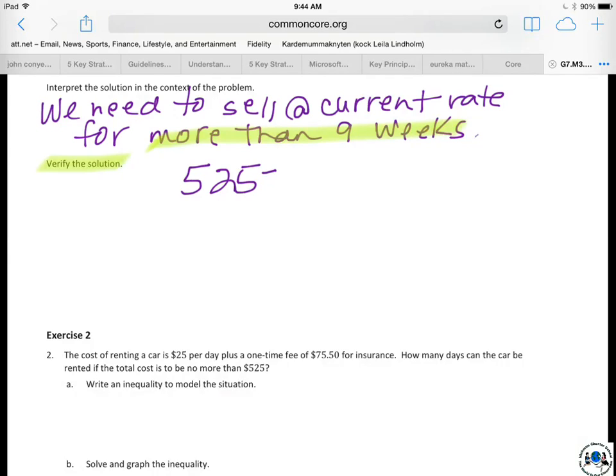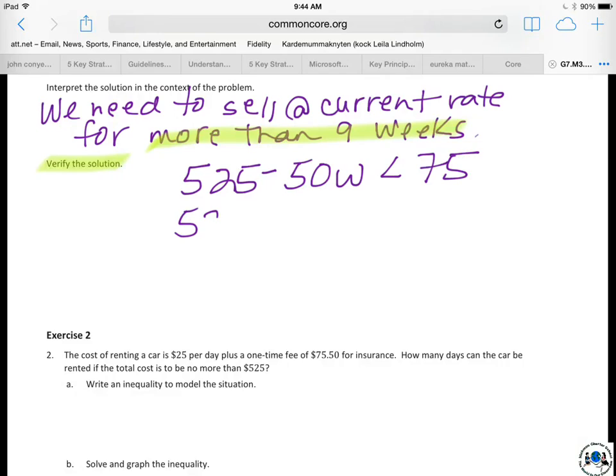Now what I'm starting to do here, and I'll just show you, we've verified that 9 is not a solution before, but now watch me do this in somewhat fast motion. I'm going to use W equals 10 and see if we can verify the solution, because 10 is more than 9.